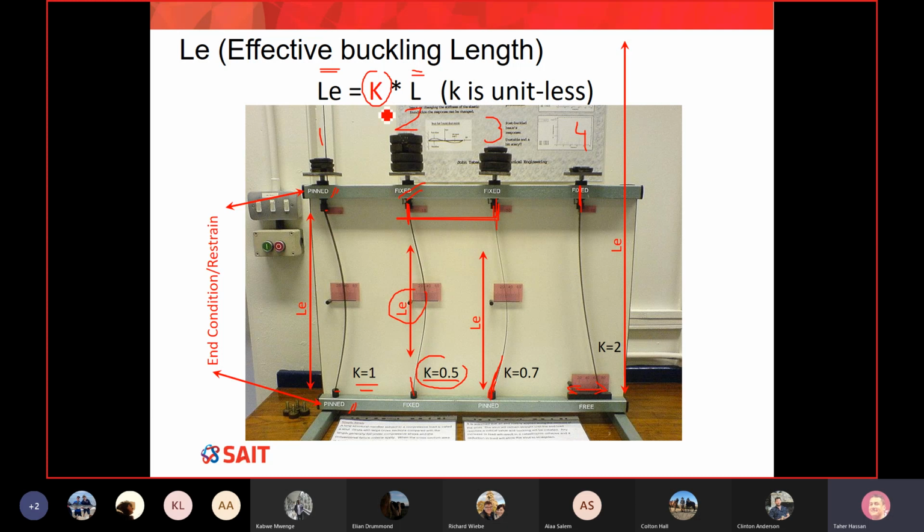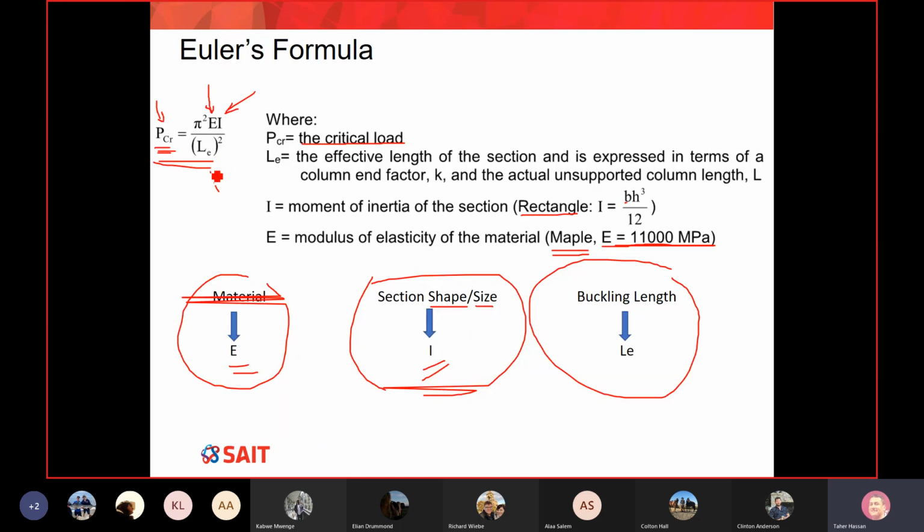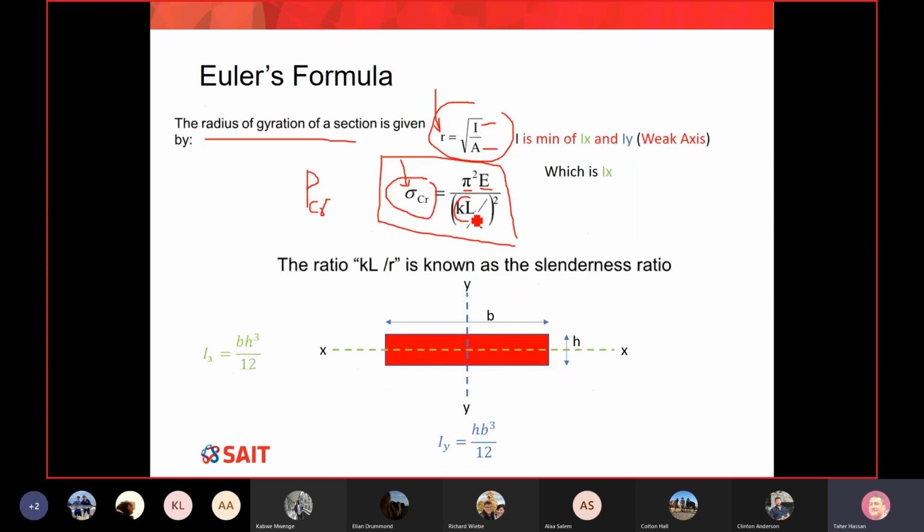If you multiply K, which is simply could be 1 or 0.5 or 0.7, which is a function of the end condition, if you multiply this K times the length of your member, you will get L sub E. And L sub E is shown here in my Euler equation. So you can see here, we're using KL, which is LE, divided by R, which is the radius of gyration.